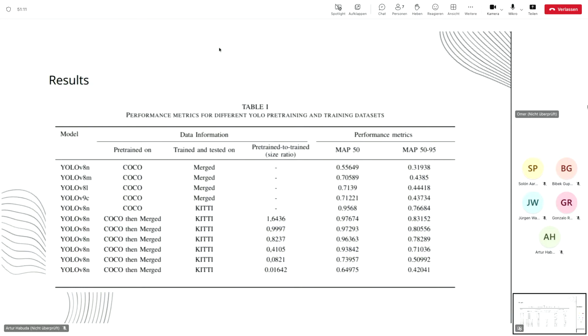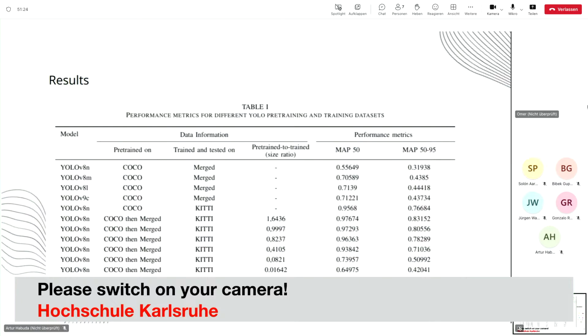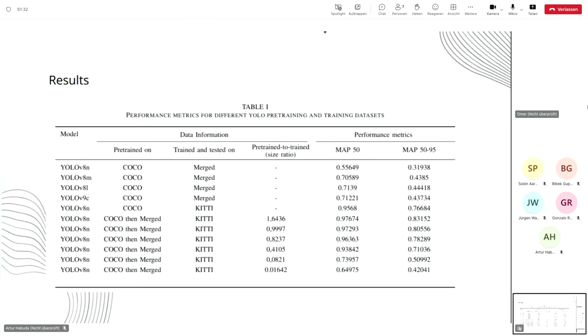That's why we took YOLO V8, the nano version, trained it on the MERIT data set, and then on COCO, and we actually got good results, an improvement. It's a small improvement, but in the world of machine learning, 0.01 is an improvement. So that's the first part.